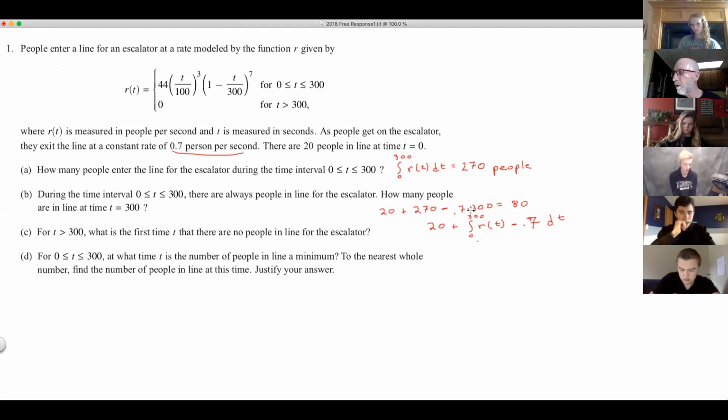So this one was worth 2 points. A was worth 2 points. B was worth 2 points. C: for time greater than 300, what is the first time that there are no people in line for the escalator?